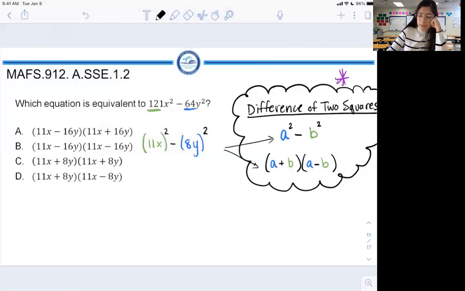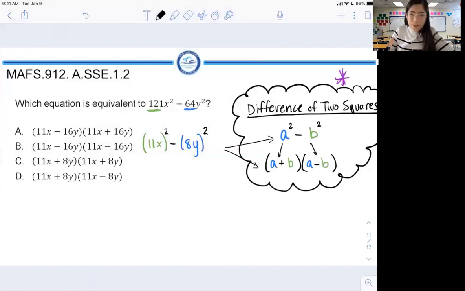Follow the pattern. This has to become a plus b and a minus b. So in this example, what would be my a? What would be my b? Your A is 11 and your B is 8. No, never mind. Your A is 121 and then your B. Never mind, I'm confusing myself.